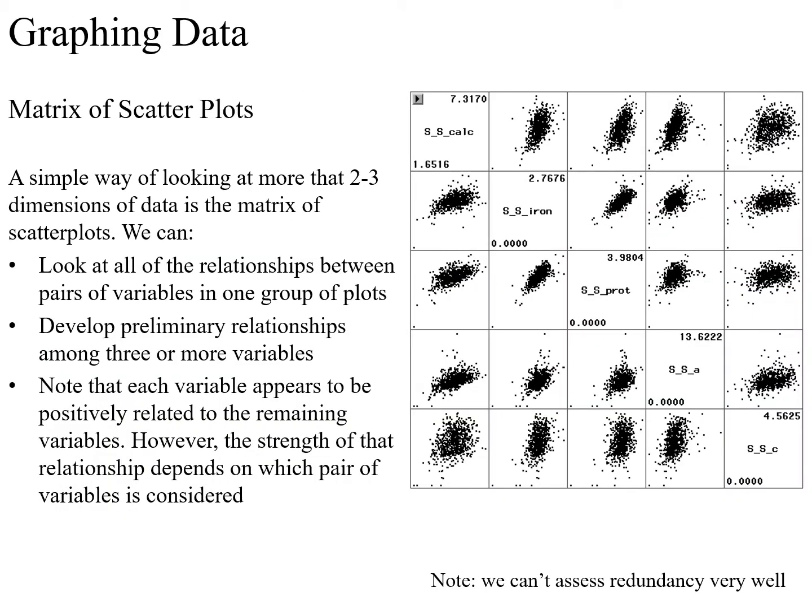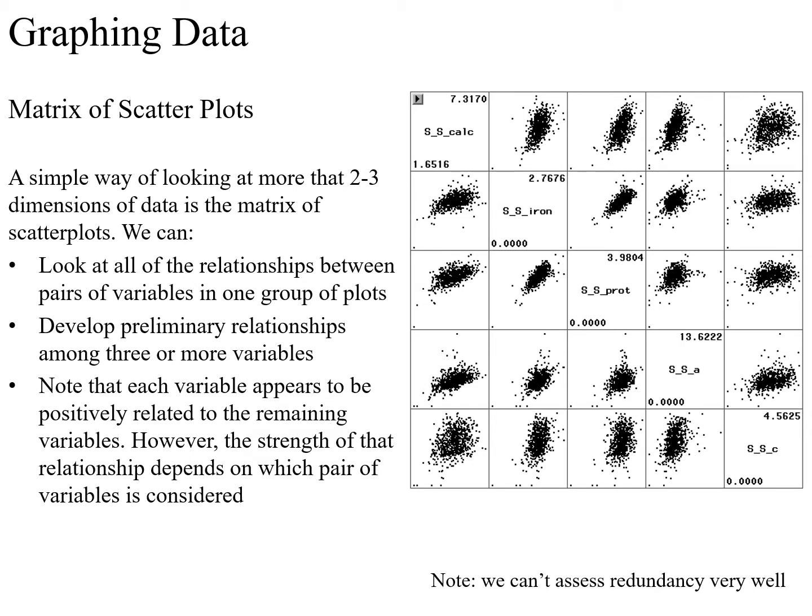Now, when we have multiple variables, if we want to graph them, one thing we can do is a matrix of scatter plots, where each scatter plot looks at two variables at a time.